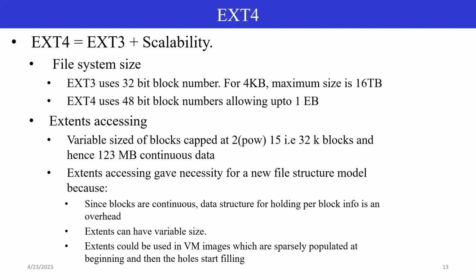EXT3 uses a 32-bit block number, a global block number used within the file system. So for 4KB blocks, this is 2 to the power of 32, which is 4 giga, times 4KB, which is 16 terabytes. So EXT3 with a 32-bit block number allows a maximum size of 16 terabytes.